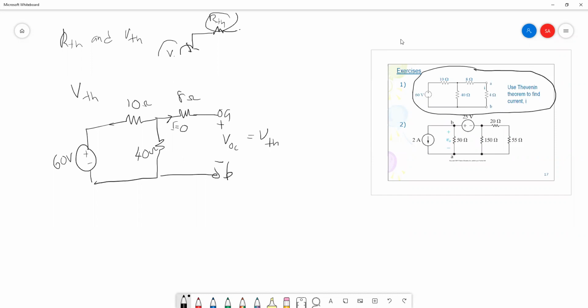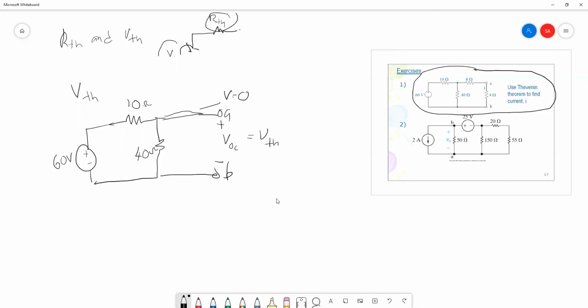So meaning that the current through this resistor is 0, so the voltage here is also 0. So you can ignore this resistor because it has no voltage drop. So you can put your circuit like this.